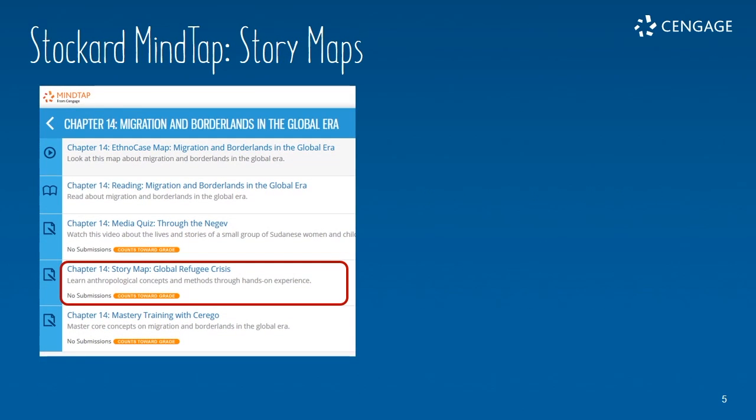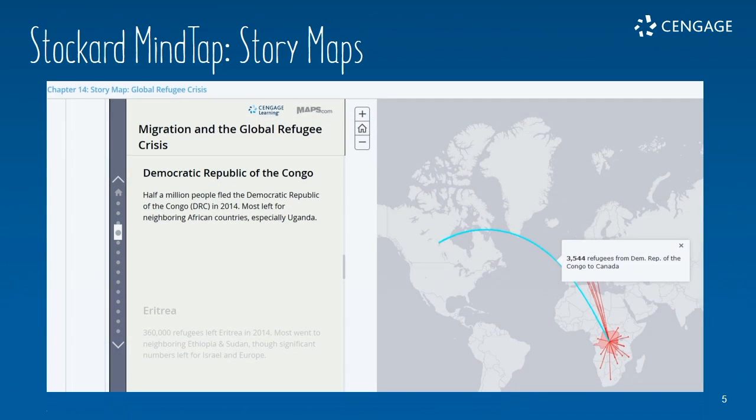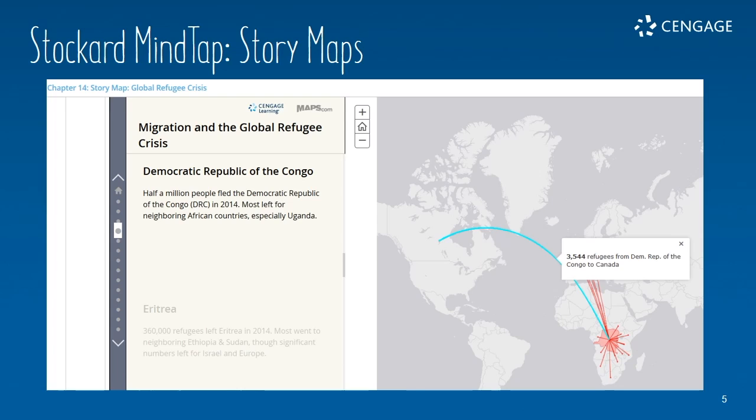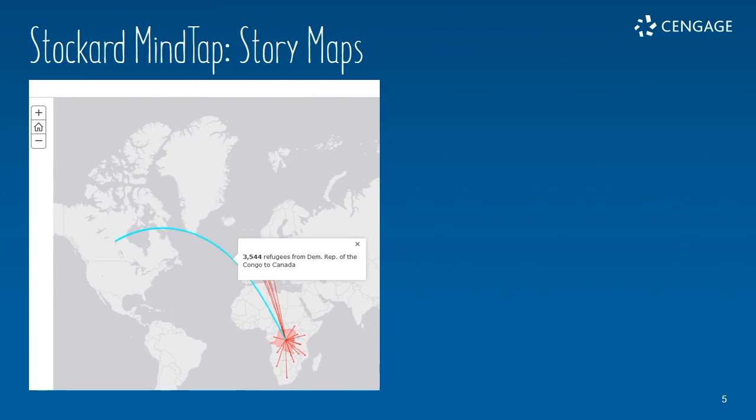The next benefit that we'll discuss are our story maps. This is another story map that we took a look at in the Engagement Summit. This is migration, the global refugee crisis. Obviously a very relevant topic to where we are in the world, something that the students are seeing continually, so it's something that they definitely can relate to. I'm really not going to go into a lot of in-depth information here because we already covered that with the Haviland MindTap.